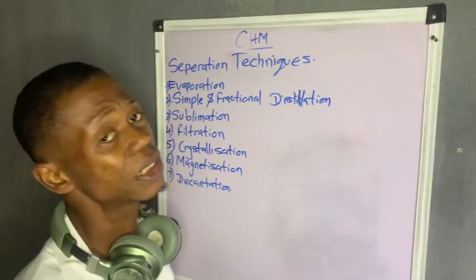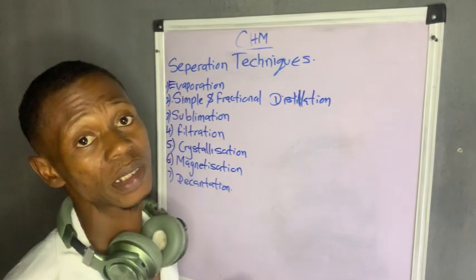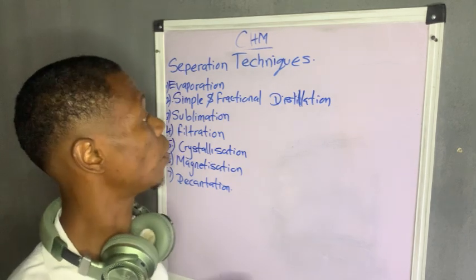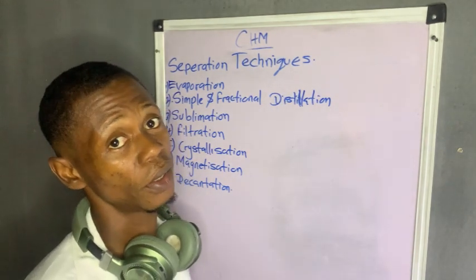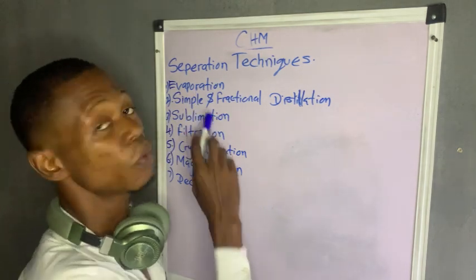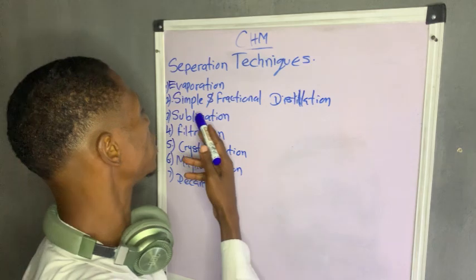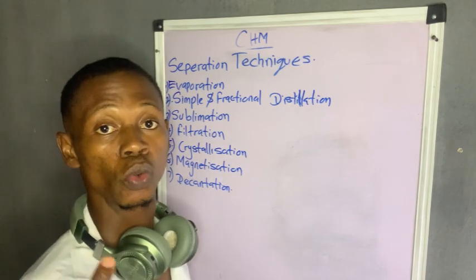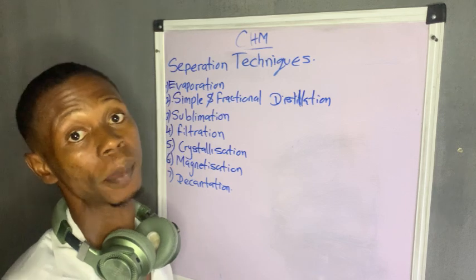So we will check simple and fractional distillation. For distillation, it is still the application of heat. But remember, for evaporation, we are not interested in the liquid, but for distillation, we are interested in the liquid. For evaporation, we have solute and liquid, but for distillation, we have two liquids that we want to separate.